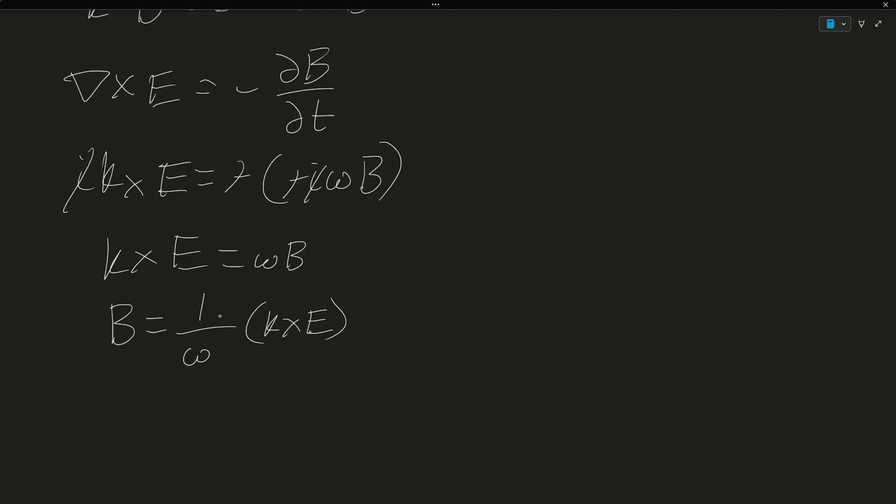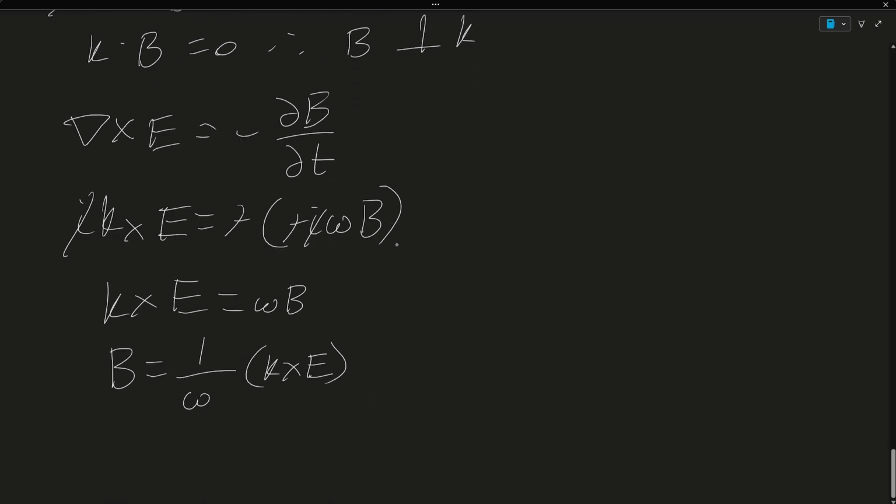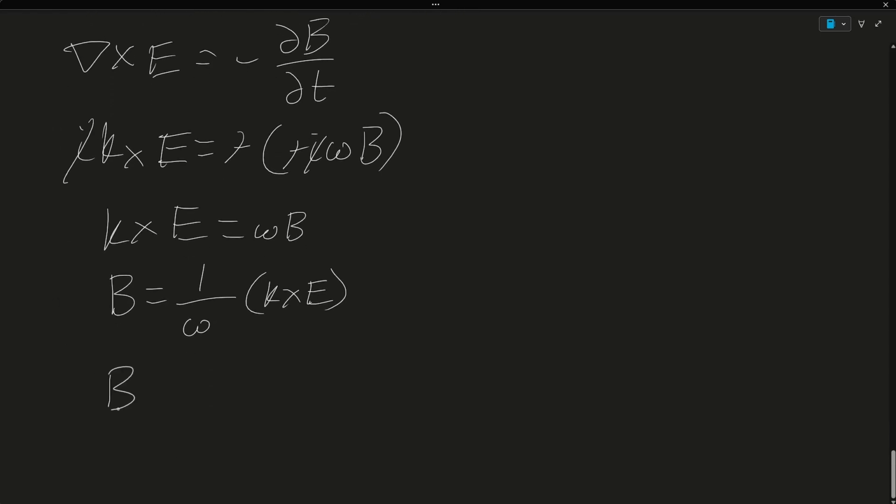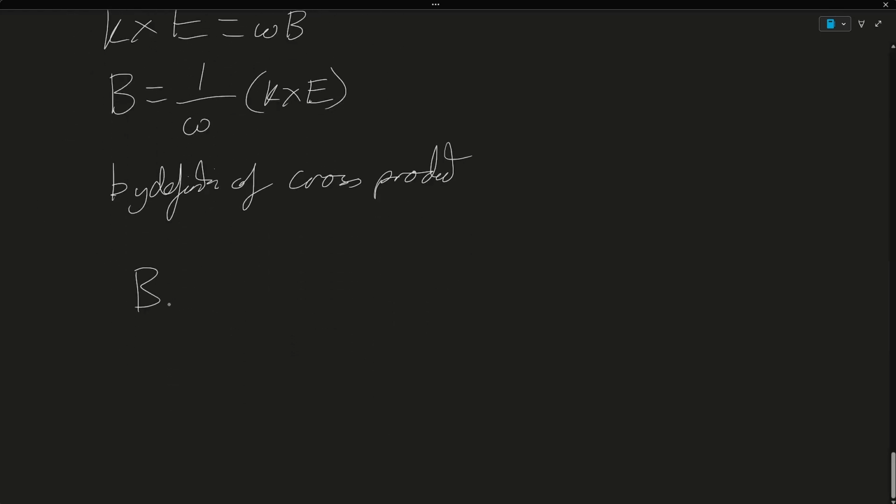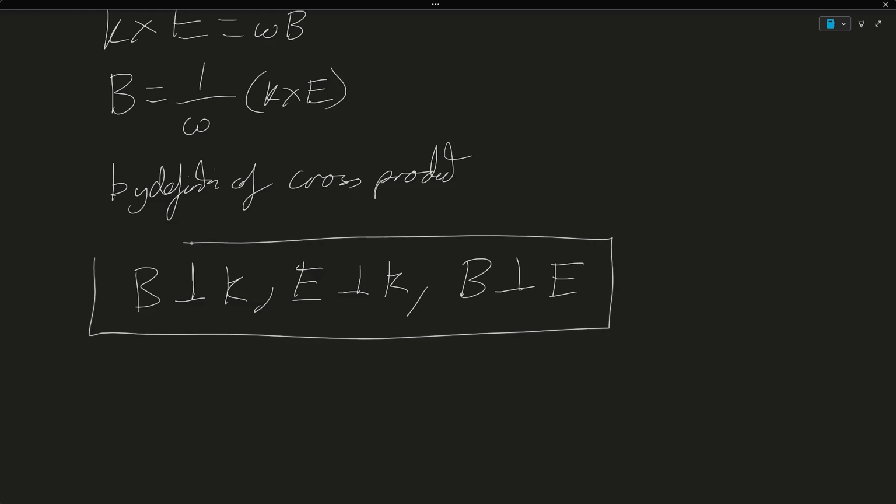Thus, this proves again that B is perpendicular to k, but therefore I can write, by definition of cross product, B is perpendicular to k, E is perpendicular to k, and B is perpendicular to E. Hence, they hold orthogonally, and we can pop that in a box.